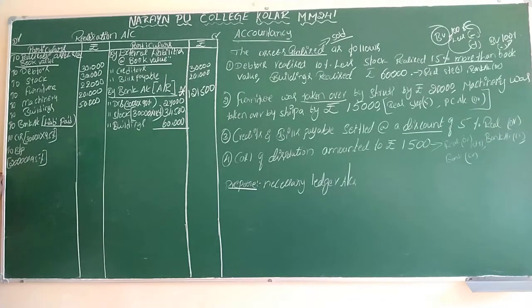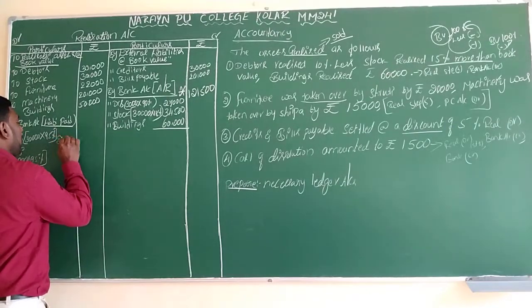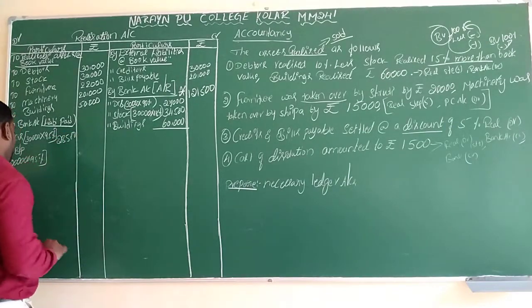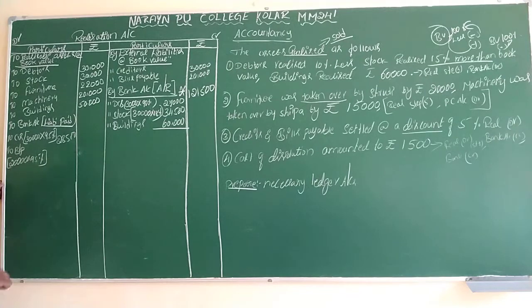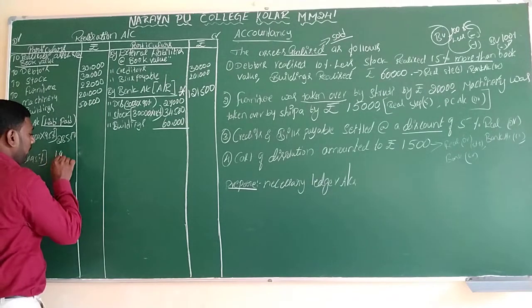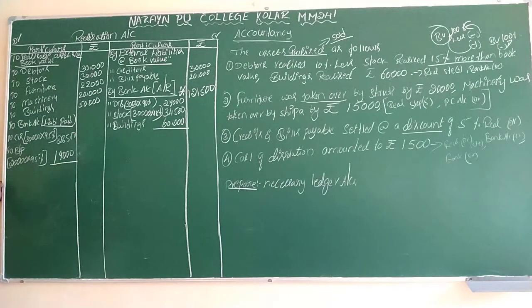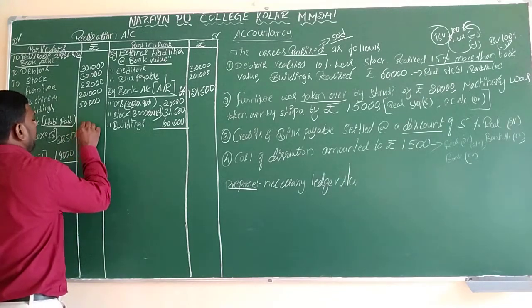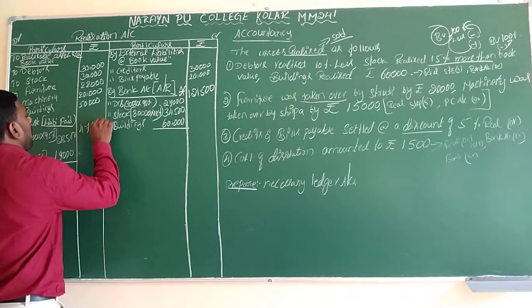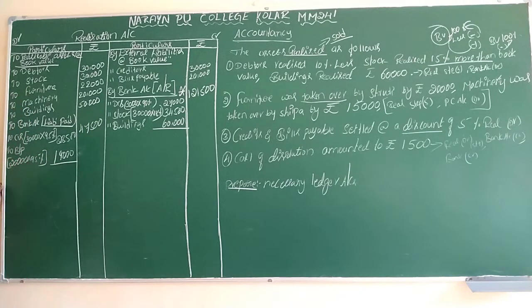Therefore, the value of creditors is 28,500 and the value of bills payable is 19,000. Adding these two, we get 47,500. This is the payment of liability. This is step number 4.